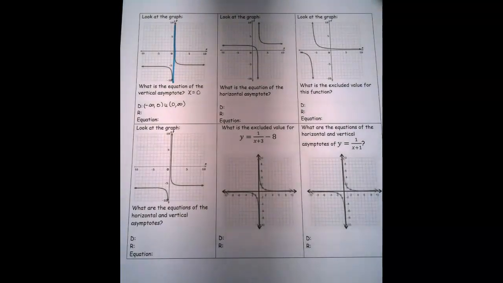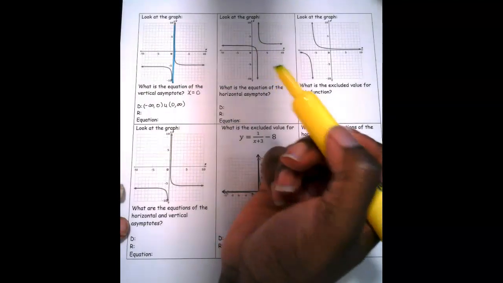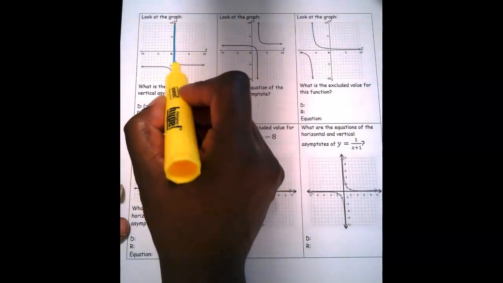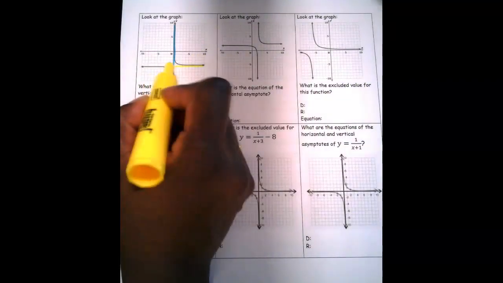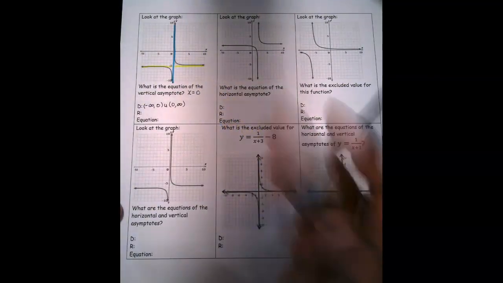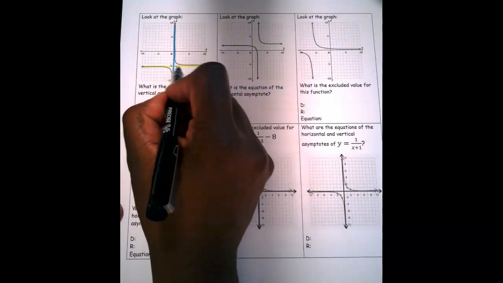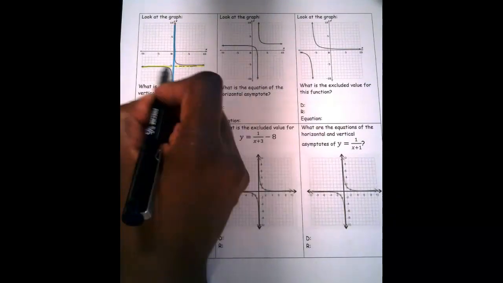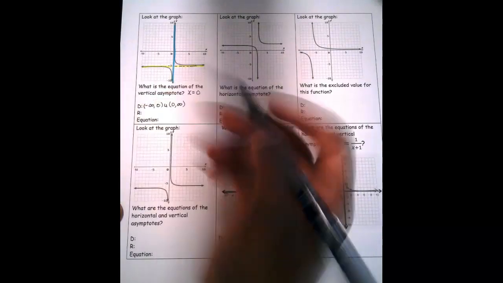Now look at our range. Our range is a little bit different. I know it didn't ask for this, but I want you to get used to seeing it and thinking about it. Here is our horizontal asymptote. Now we can see that the curve is approaching where I have the yellow, which is negative 5.